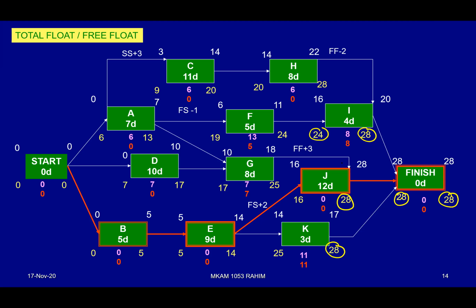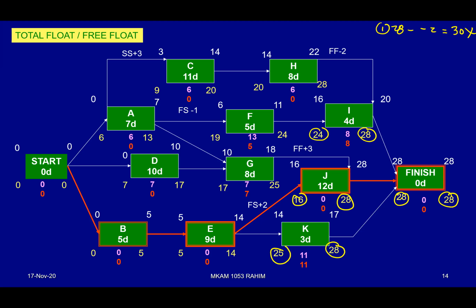Within the box is easy, but in between the activity, that is the more difficult one. Could be confused. 28 minus 12 equivalent to 16. And then K, 28 minus 3 equivalent to 25. All right. Okay, now the issue with H. H, as I mentioned, if one alternative, 28 minus 2 equivalent to 30. We do not take this one.